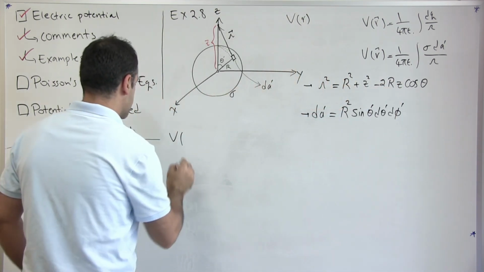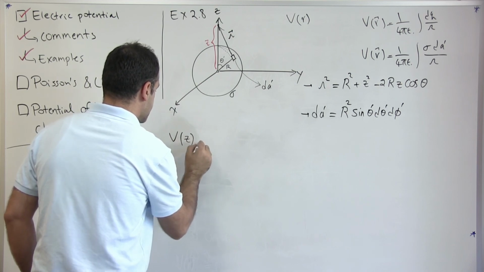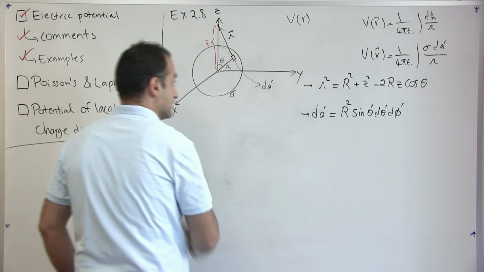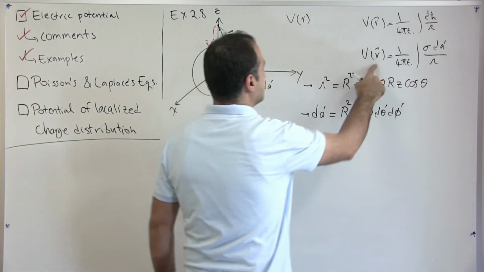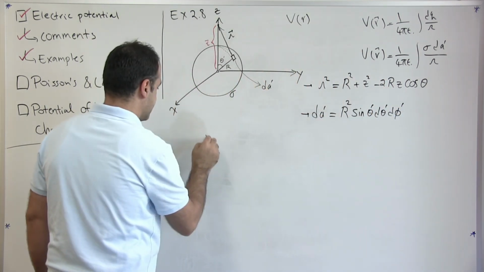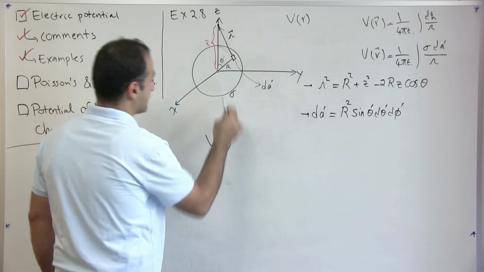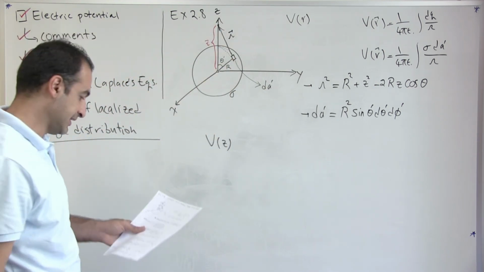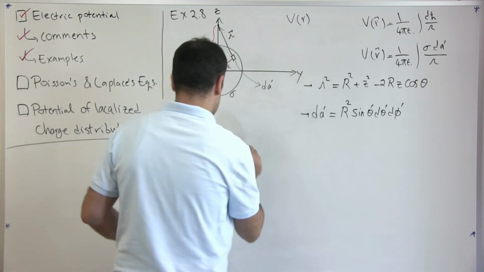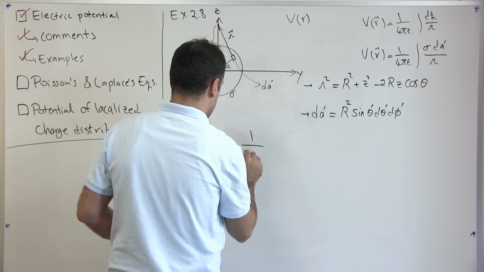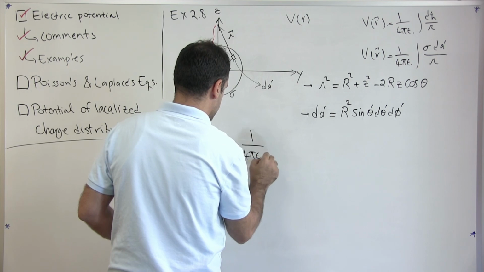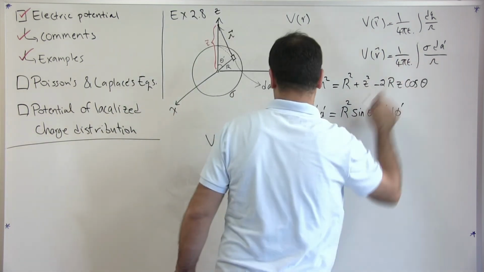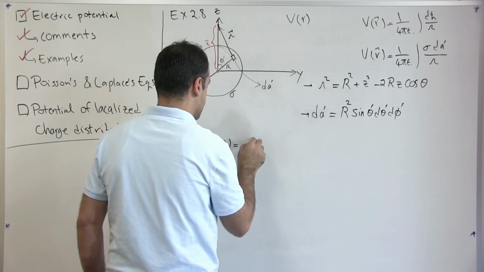So V of Z. Instead of writing V of R, I'm going to write V of Z because everything is at the end a function of Z, and that is technically the distance from the center of the sphere. It is 1 over 4 pi epsilon 0 times, the sigma here is a constant, so I take it out of the integral.